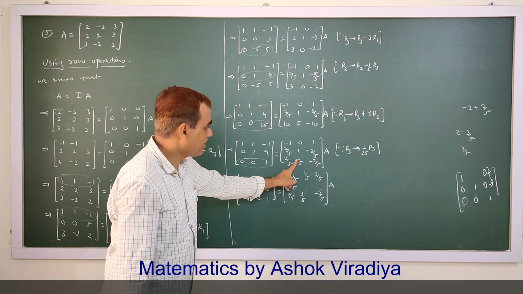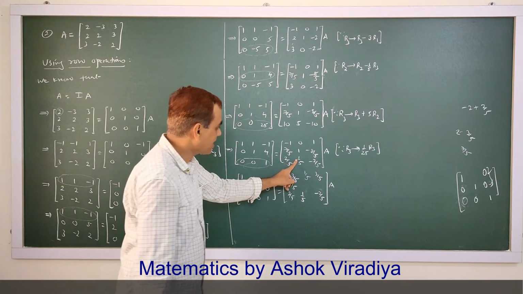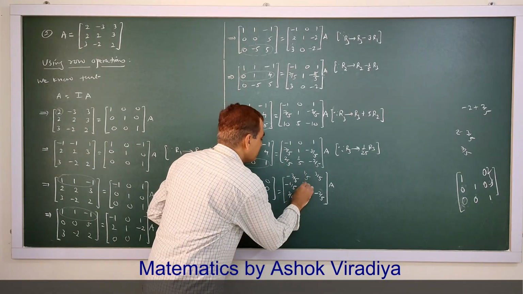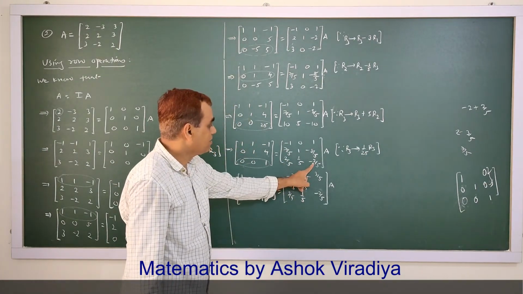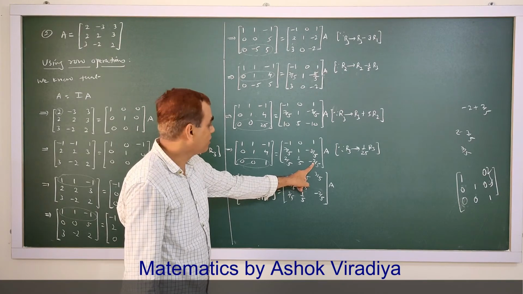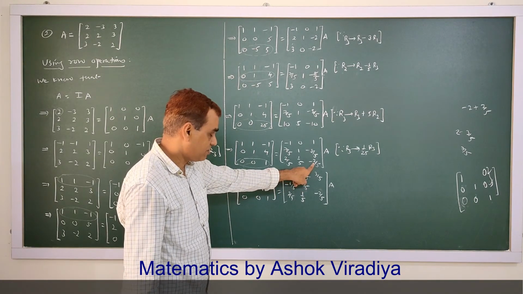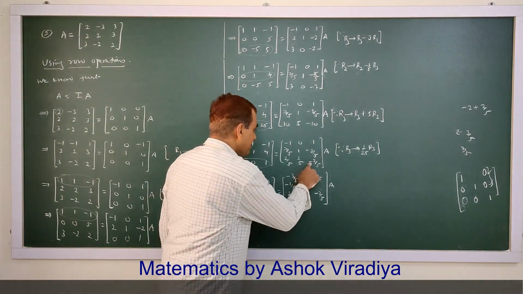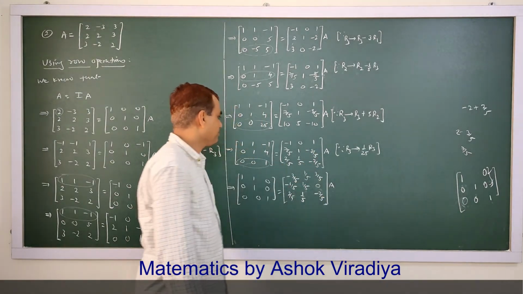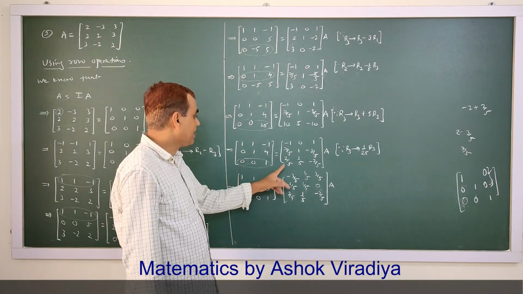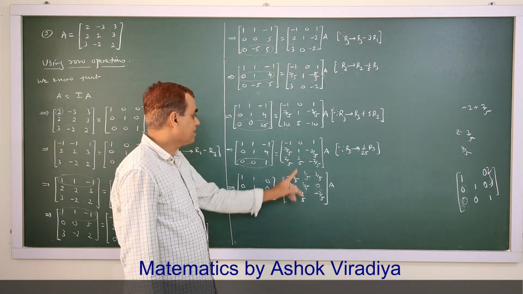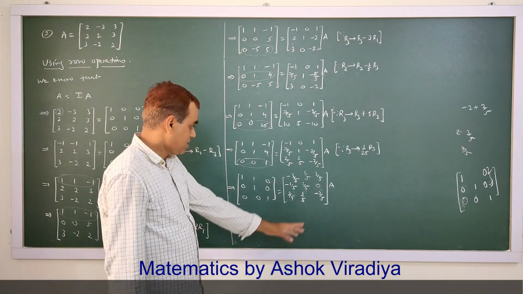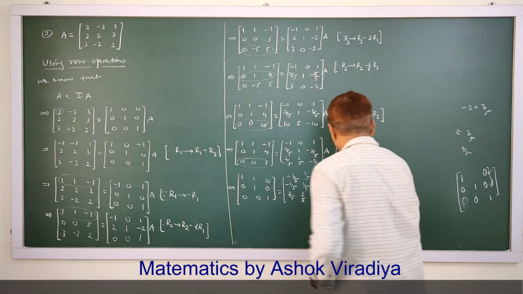Multiply by 4, 4 by 5. 4 by 5 subtract here, 1 minus 4 by 5, so 1 by 5. Multiplying by 4, it will be minus 8 by 5. Minus 8 by 5 subtract here, so it will be 0. So multiplying by 4 and subtracting. These are the steps shown here.